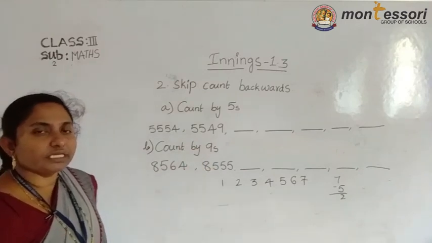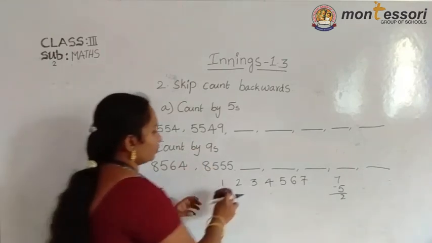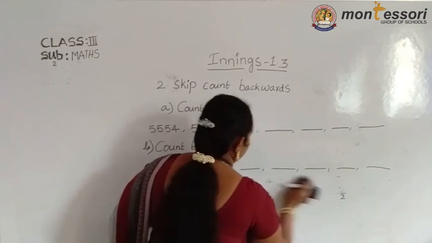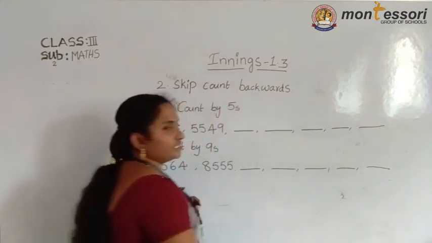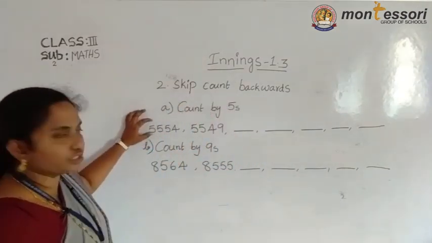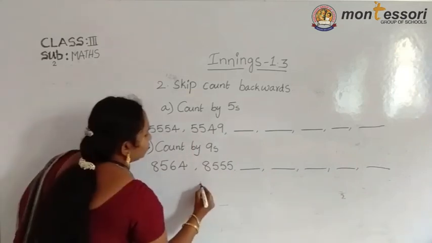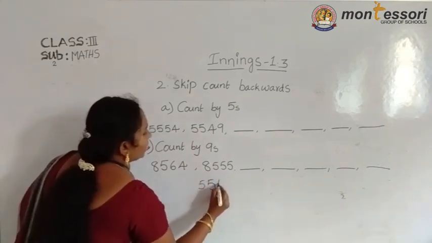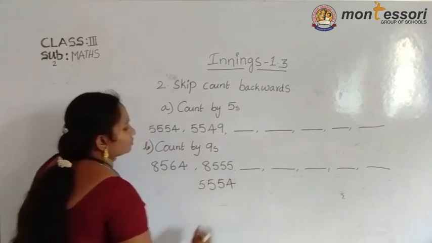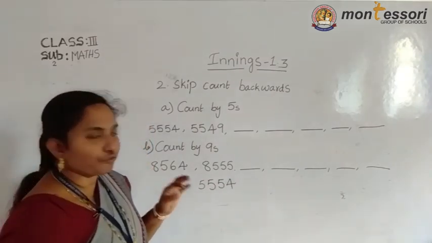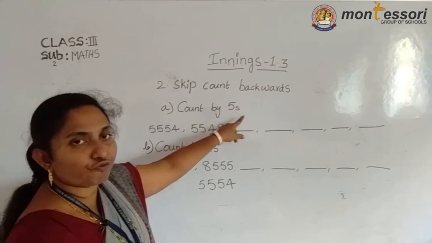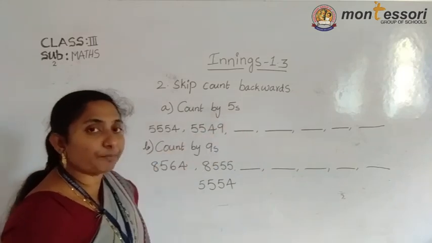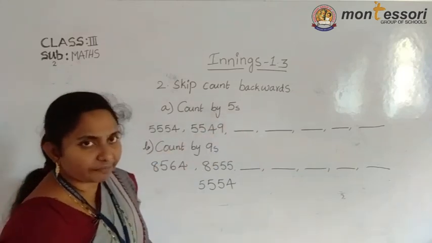Likewise, here they have given 4 digit numbers. Listen. The first number, check it here: 5554. Count by 5s. 5s means we subtract 5.